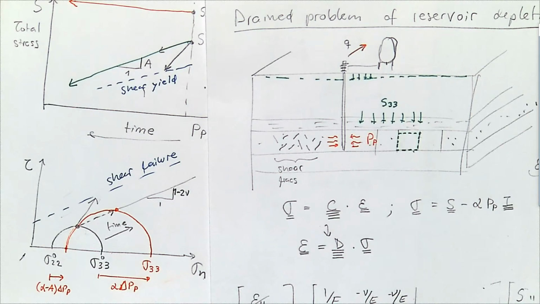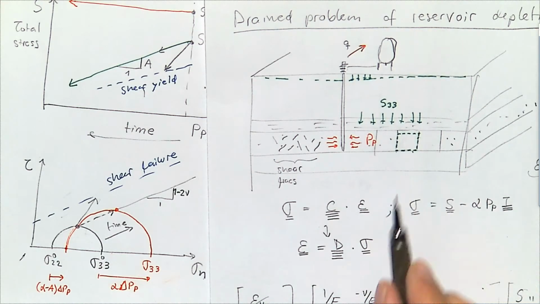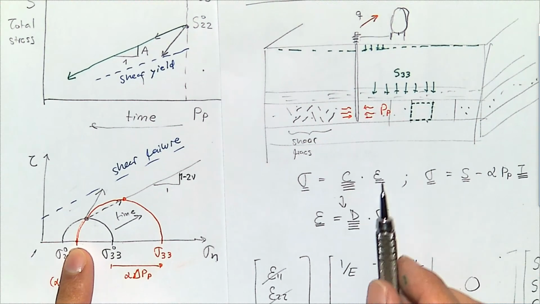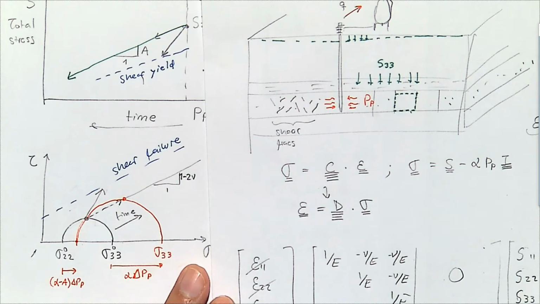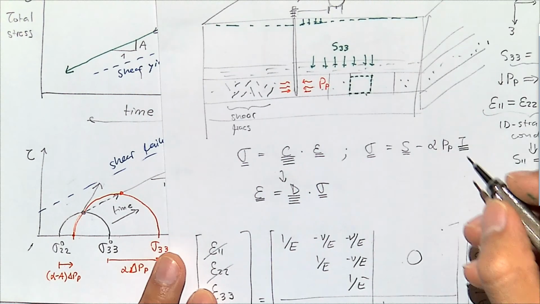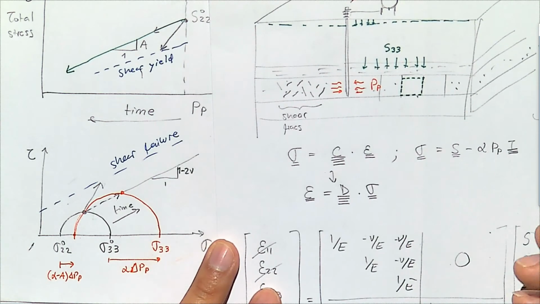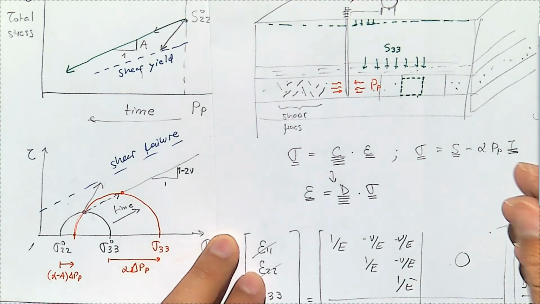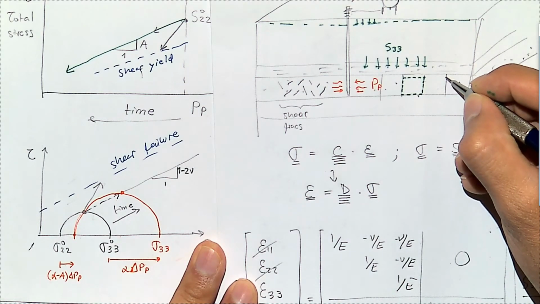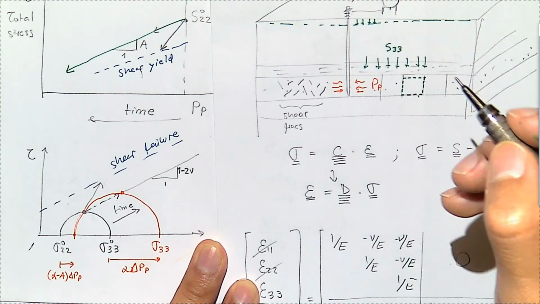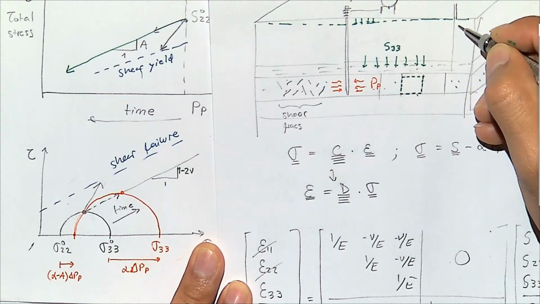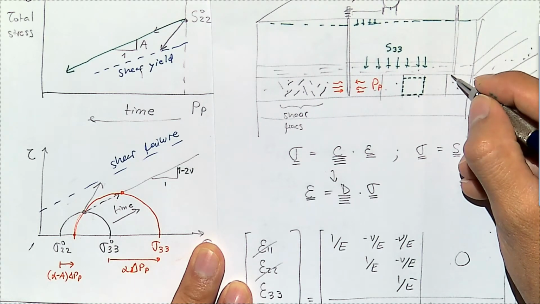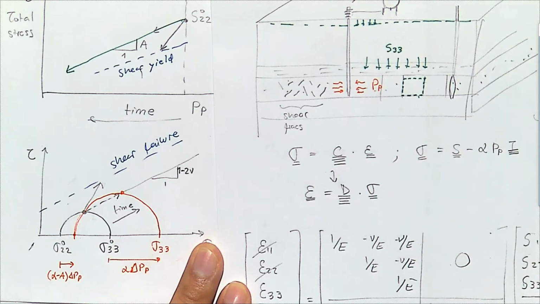But the most important one is that effective stresses are going to increase in the vertical direction, but they are also going to increase in the horizontal direction, which also means that if you had, for example, let's imagine that we had another wellbore over here, and we had a hydraulic fracture in this direction.